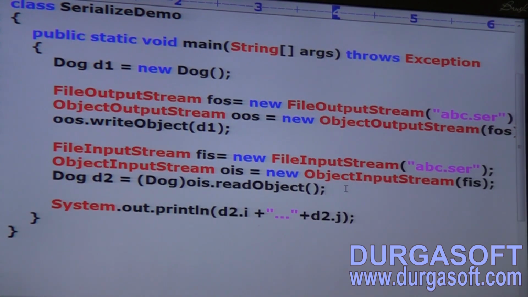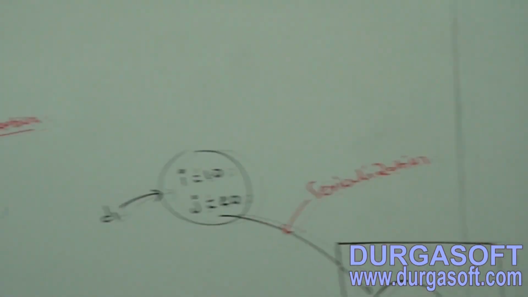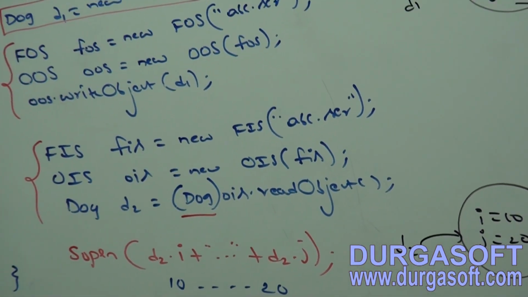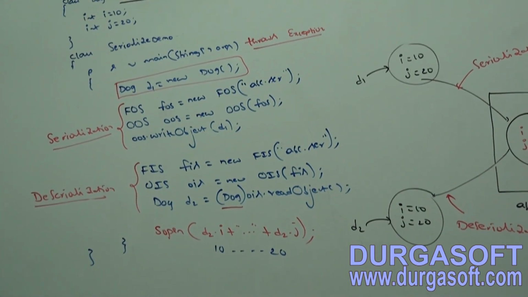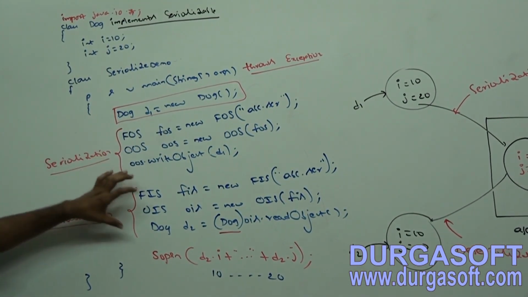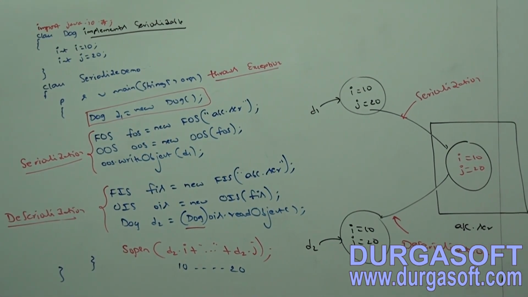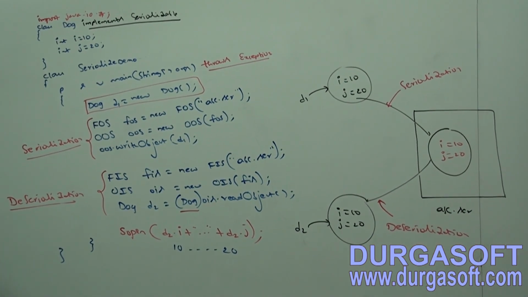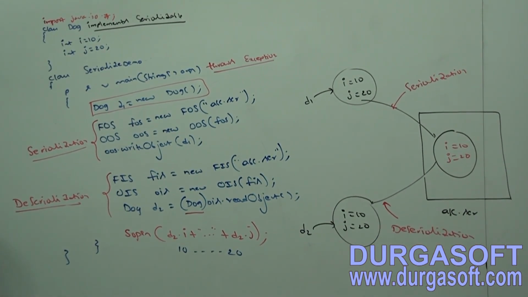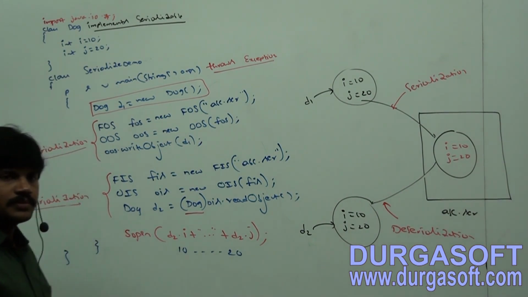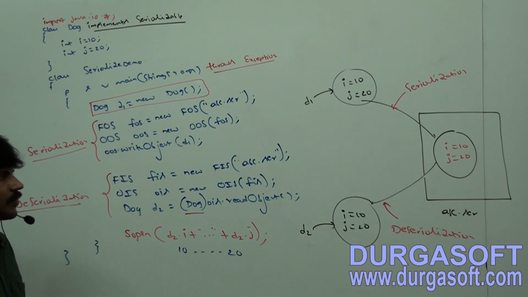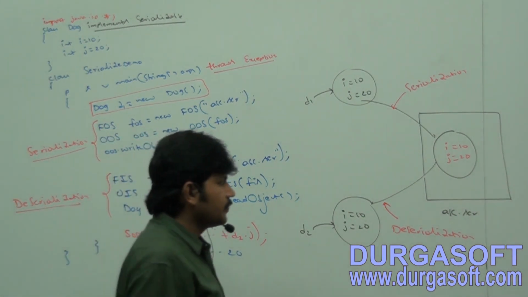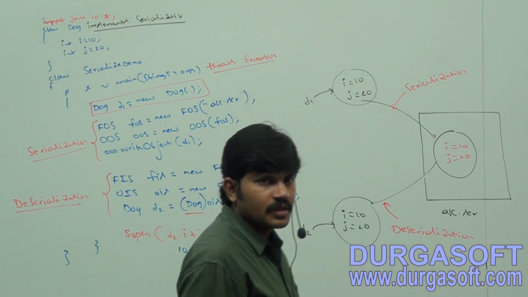This code is completed, right? Then it is better to highlight the serialization. These three lines are serialization, these three lines are deserialization.